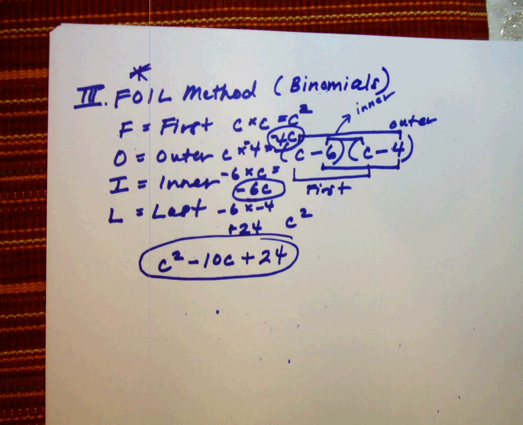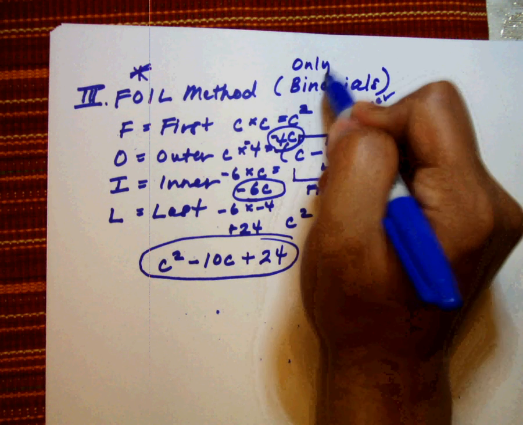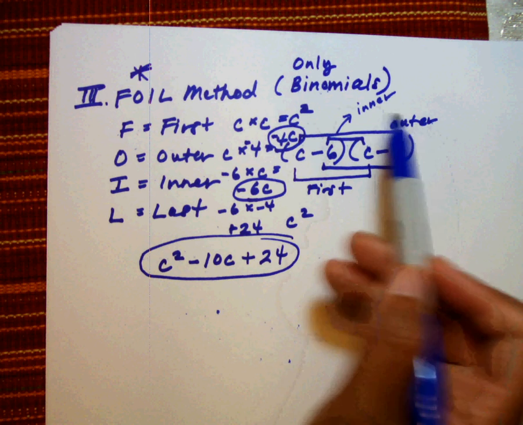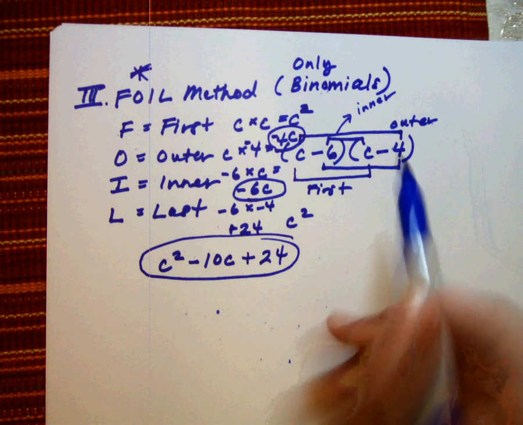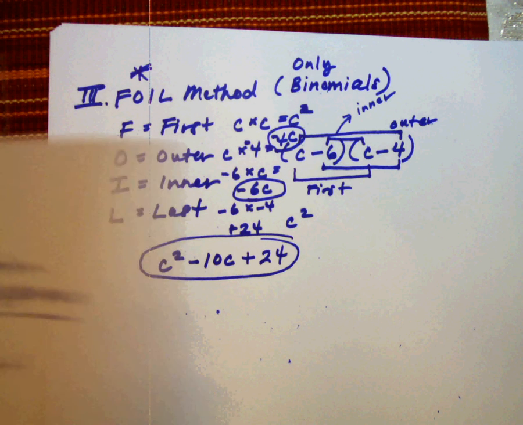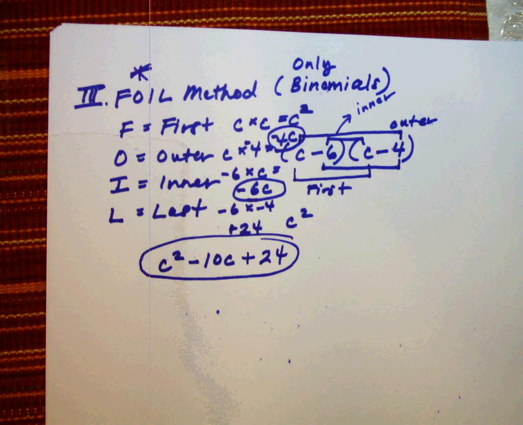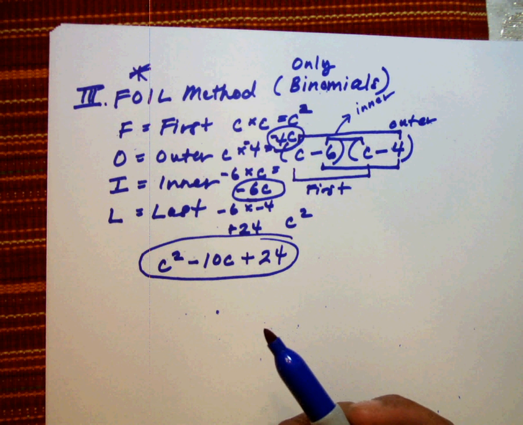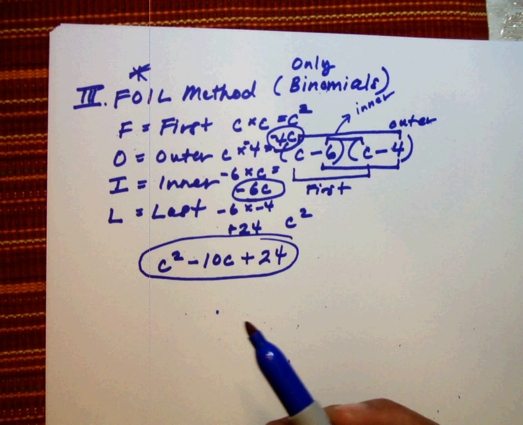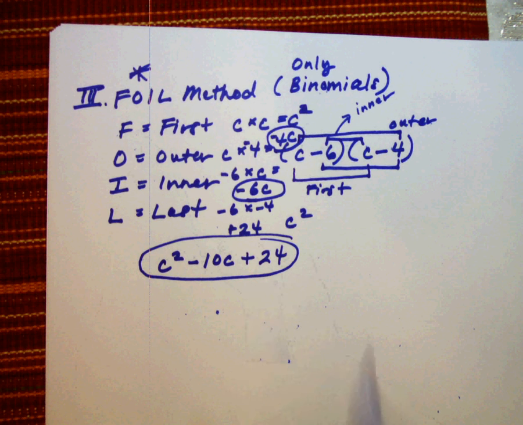Only binomials. If you do it with trinomials, it's not going to work. So if you have a binomial with a trinomial, you can use the distributive or the box method. But you can't do it with the FOIL method.